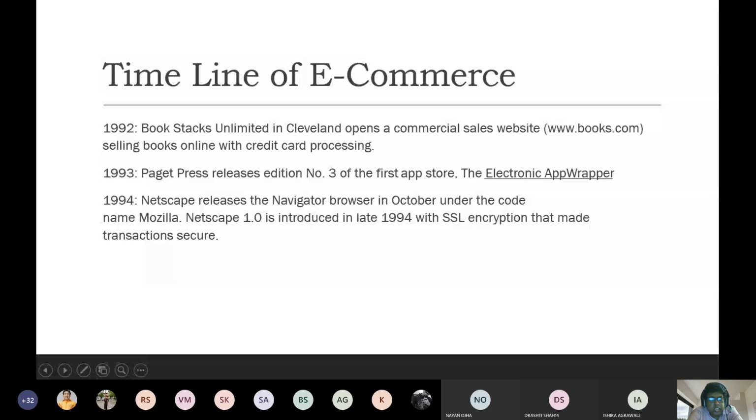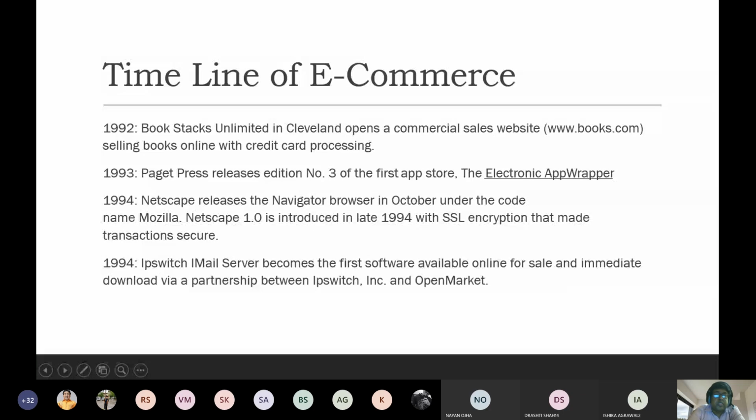If you are aware, Netscape was later taken over and converted into none other than Mozilla Firefox, one of the most sought after internet browsers in today's modern day. In 1994, IPSwitch IMail Server became the first software available online for sale and immediate download via a partnership between IPSwitch Inc. and Open Market.